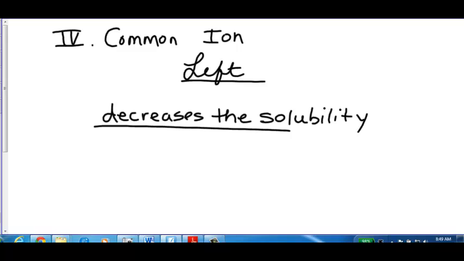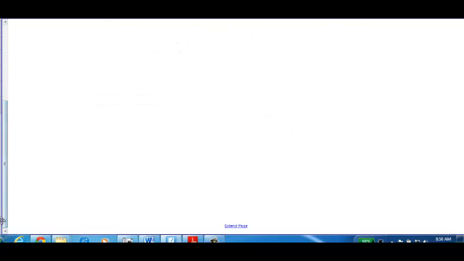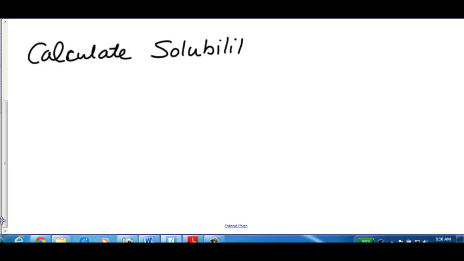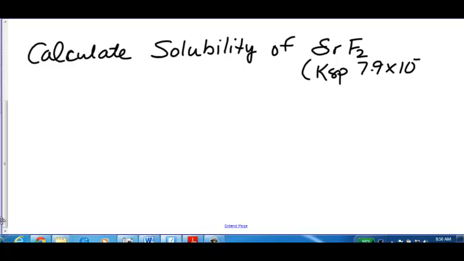All right, so let's demonstrate this with the problems that we have. We are going to calculate the solubility of SrF2 with a KSP equal to 7.9 times 10 to the negative 10th in 3 different solutions.